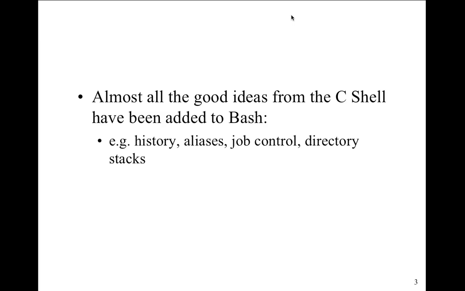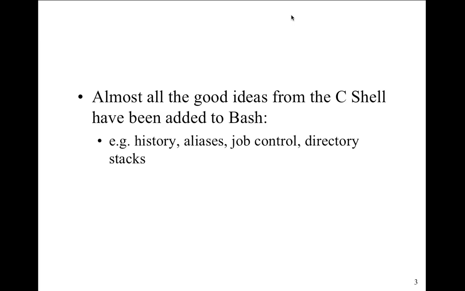Almost all good ideas from the C shell have been added to Bash. If you load up your terminal prompt, you will probably get a Bash shell on practically every Unix build that you work on. So it's like the de facto standard these days. In fact, you can look at your environment variables and you'll see what shell you're using, because the environment variable is called shell.